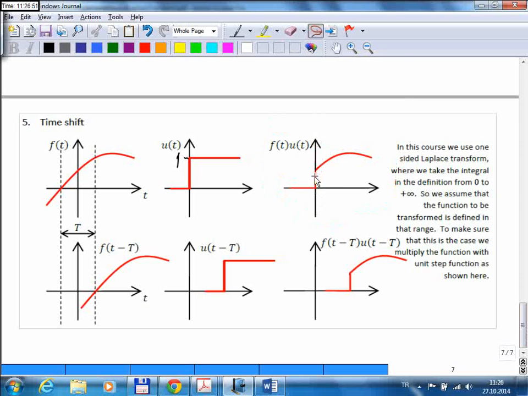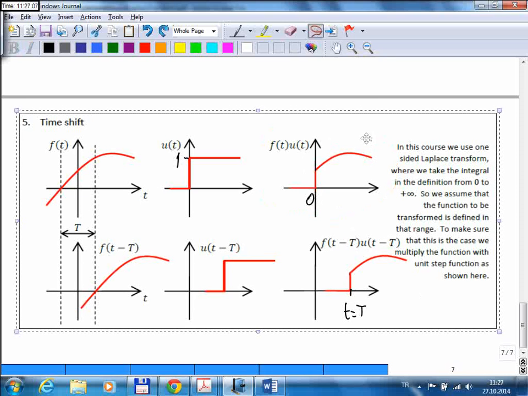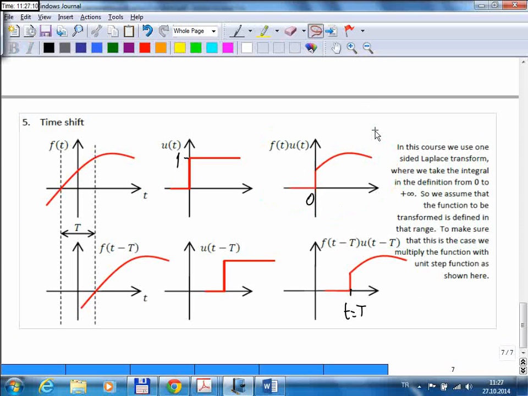Instead of starting the function at t equal to 0, we assume that the function starts at another time instant, t equal to capital T. The shifted function can be mathematically represented using this term: you shift both the original function and the unit step function by an amount of capital T. So this is the shifted function.